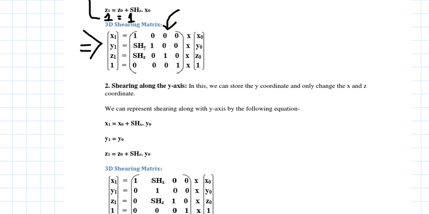So once you apply shearing transformation along y-axis, your equations become something like this: x1 equals x0 plus SHX multiplied with y0, y1 equals y0, no change in y coordinate value, z1 equals z0 plus SHZ multiplied with y0.